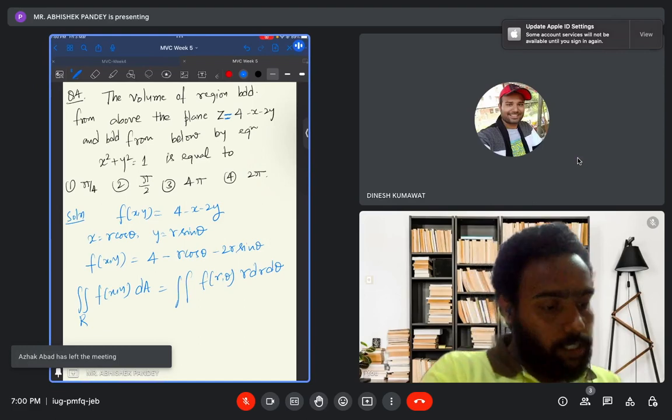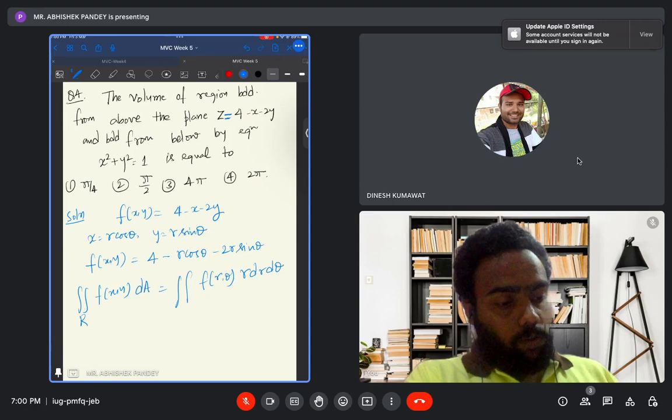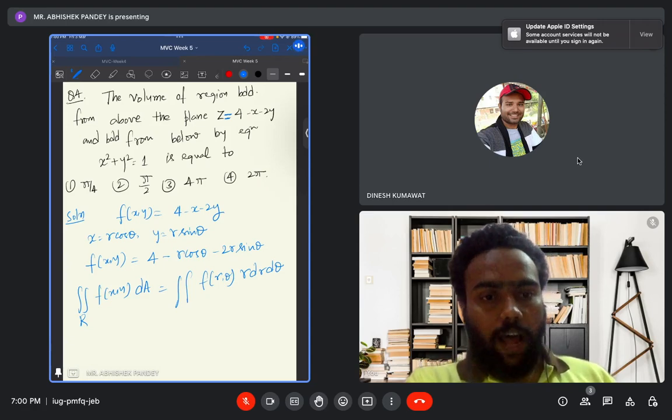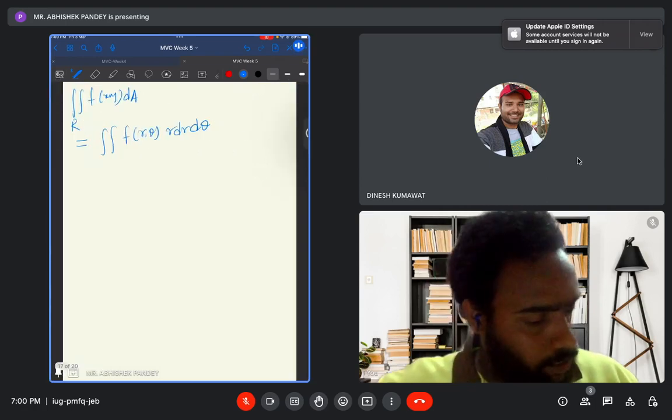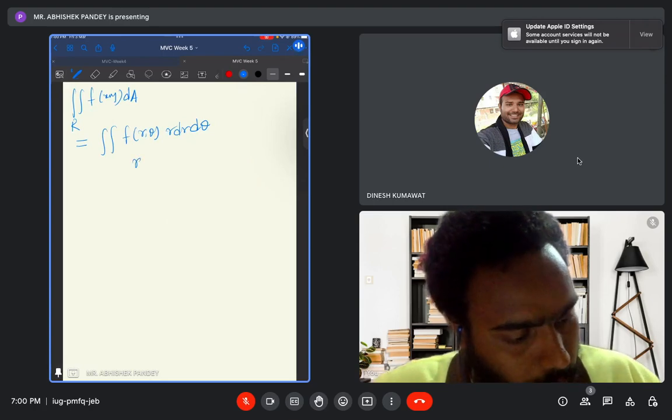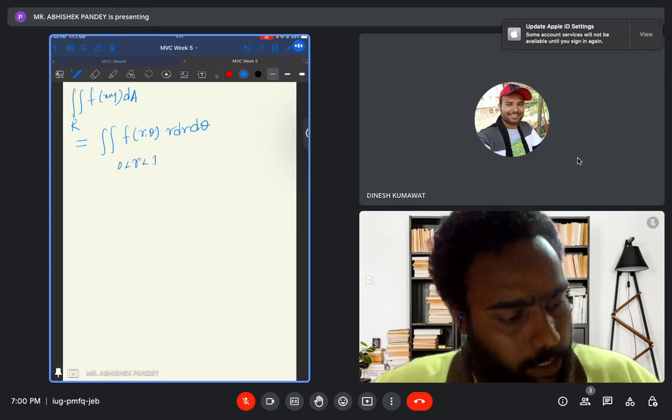Now if you see this circle, what would be the range of r and theta? In this case it is quite easy: r will run from 0 to 1 and theta will run from 0 to 2 pi.